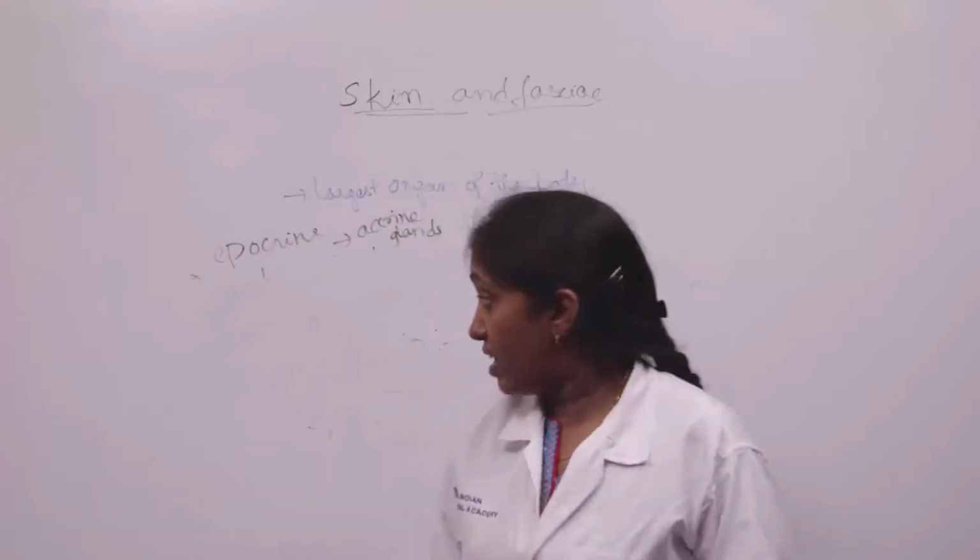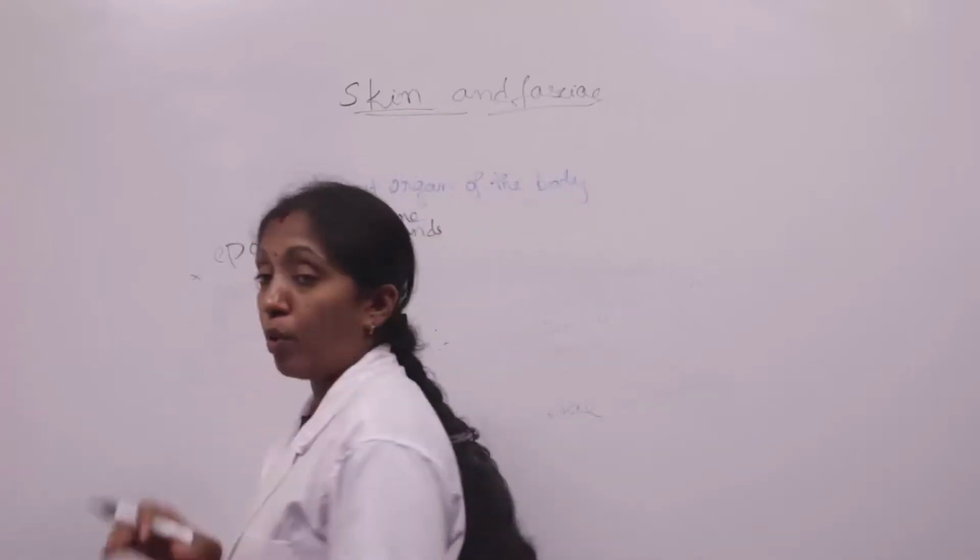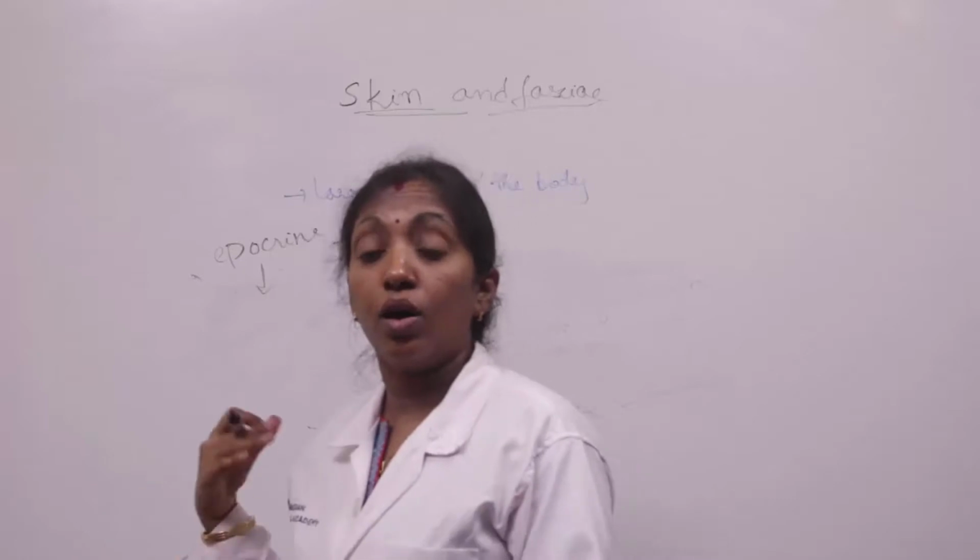These apocrine glands can be seen all over the body; they are more abundant all over the body.